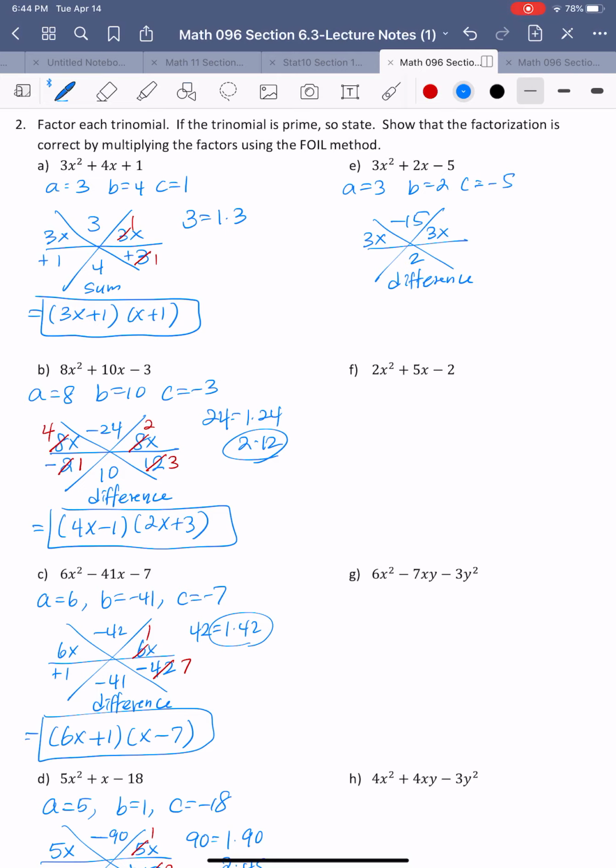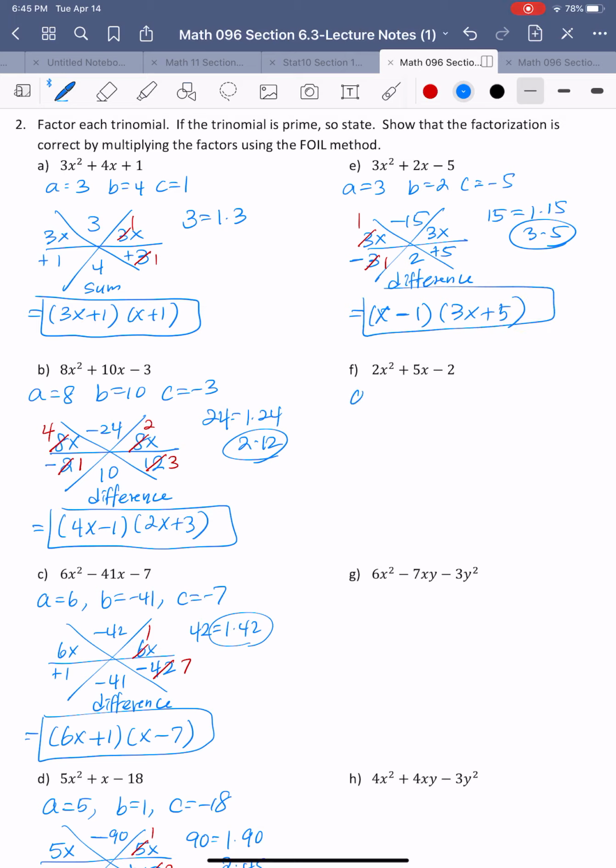GCF is 1, 2. So 15: 1 times 15 and 3 times 5. The difference of 2 is 3 and 5. I need a positive 2, so this must be negative and this positive. So reducible: 3 and 3 goes 1, 1. And 3 and 5 is not reducible. So it equals x minus 1 times 3x plus 5.